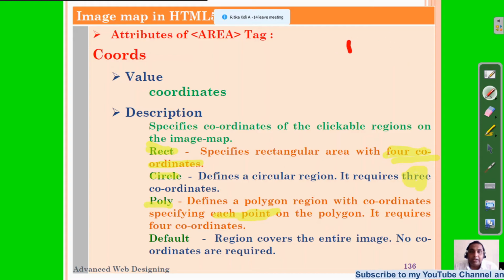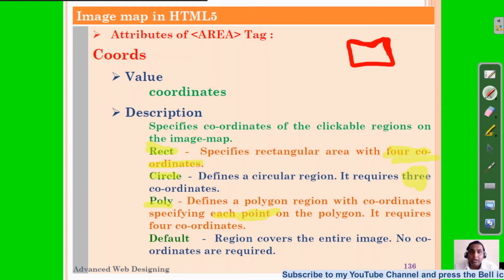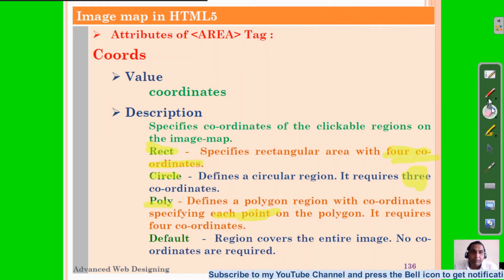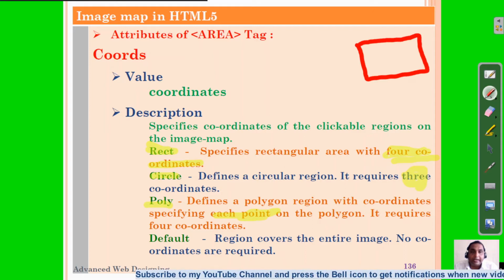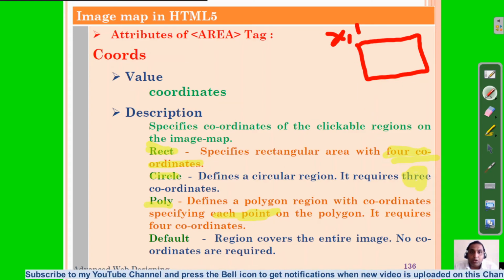Let's say if it was a rectangle, very important students, pay attention over here. My drawing may not be perfect, but understand it. If it was a rectangle, then 4 coordinates. Which are the 4 coordinates?